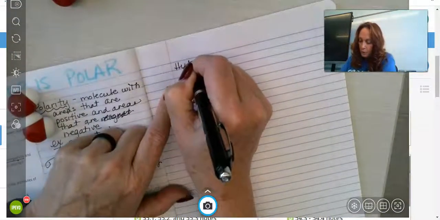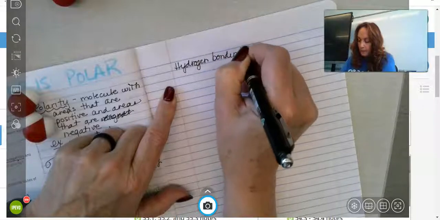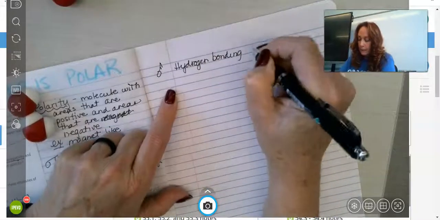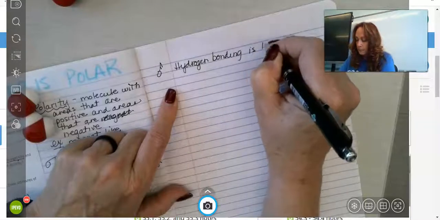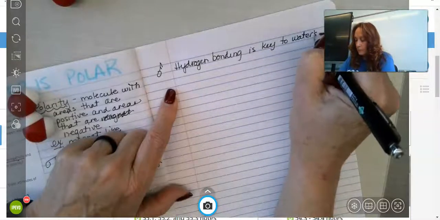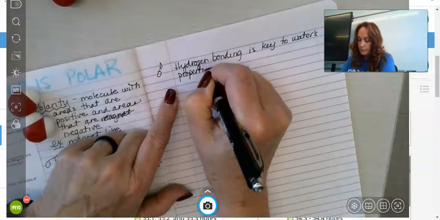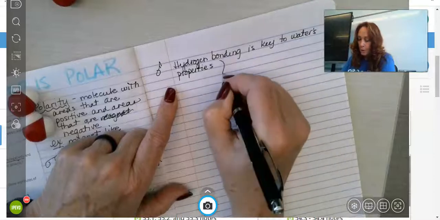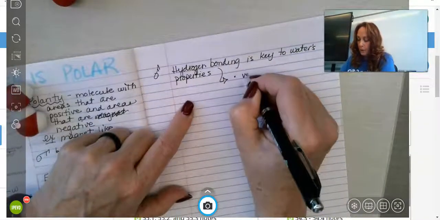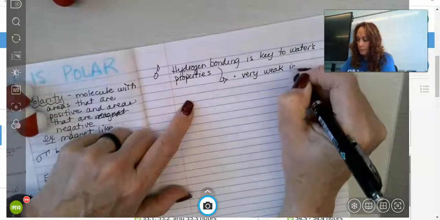So let's write that information. So for hydrogen bonds, hydrogen bonding is the key to the properties of water. So hydrogen bonds are very weak individually.